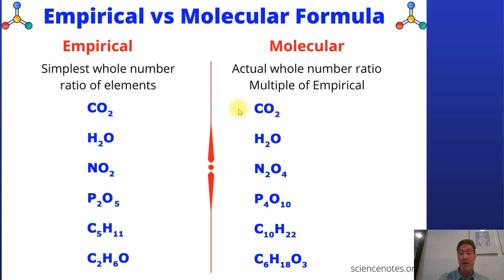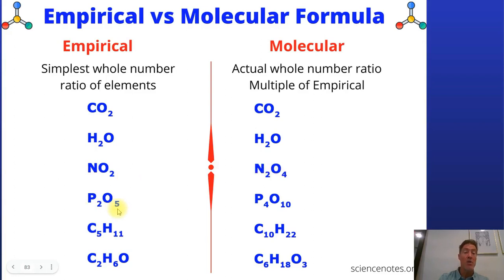So these are the exact same. Okay? In water, we calculate 2 hydrogens for every oxygen. Well, that turns out to be the actual molecular formula as well. Okay? In another compound, we might find it's 1 nitrogen to 2 oxygen, but the actual molecule is going to be double that. It's N2O4.